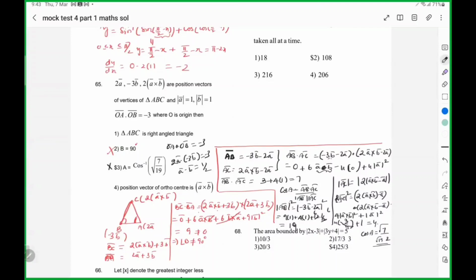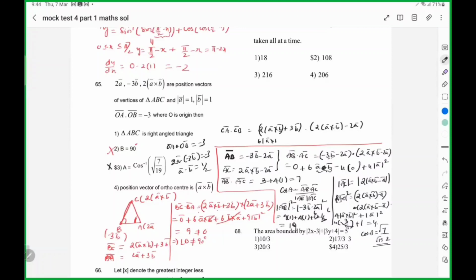So let us see A cross B. Suppose let us find out CA dot CB: (2 times A cross B plus 3B) dot (2 times A cross B minus 2A).